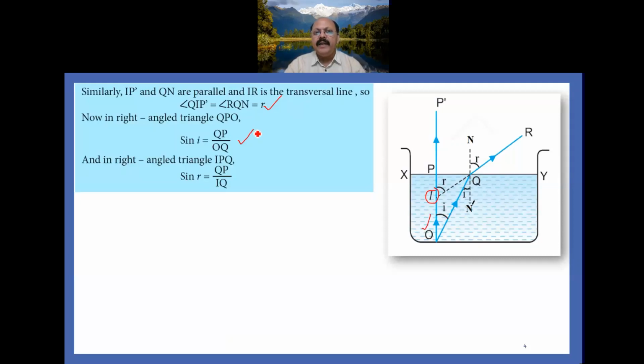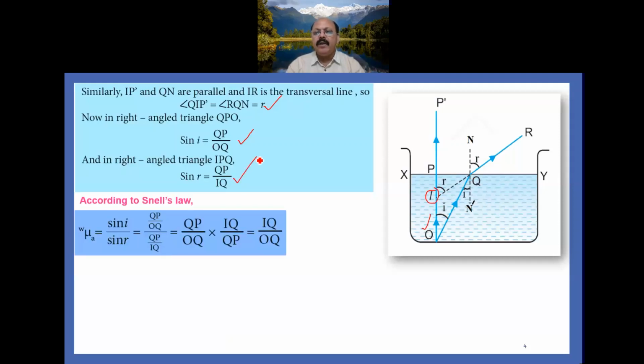Similarly, we take the right angle triangle IPQ and find sin r. Then sin r is QP upon IQ.